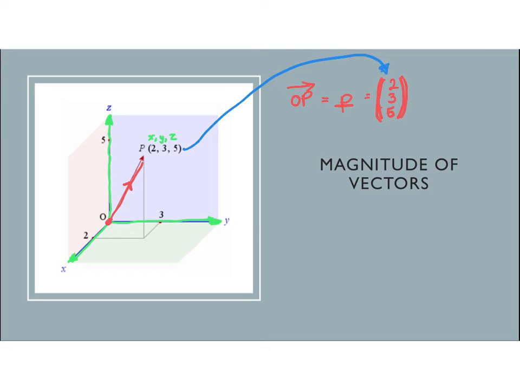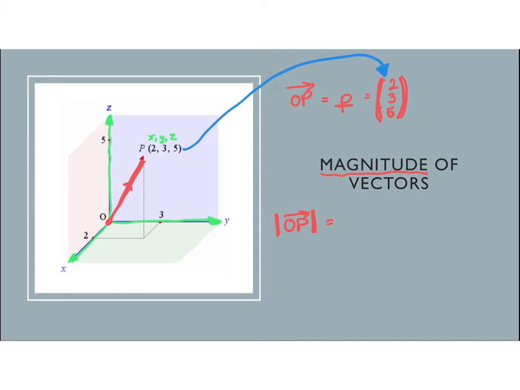Now what we want to do is find the length of this red line when we're finding the magnitude. Remember, magnitude, length of the line. So if I want to find the magnitude, notice that I'm putting these lines at either side of OP. These lines save us from having to write out the word magnitude.